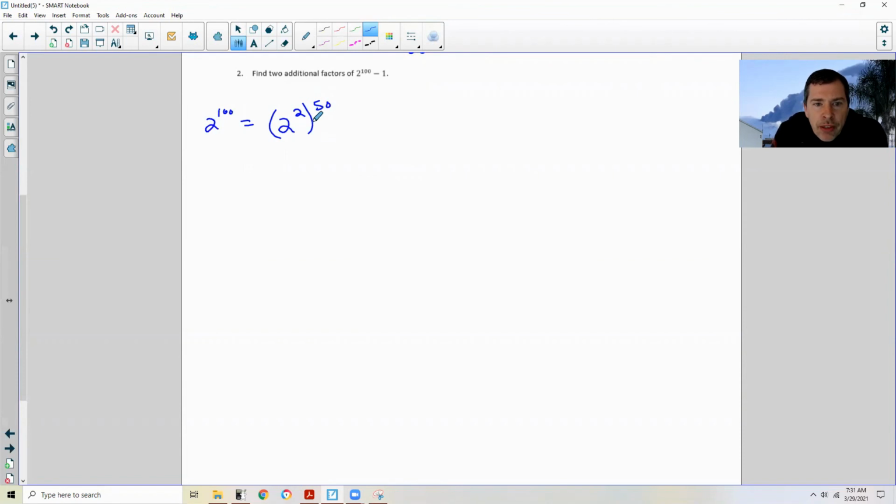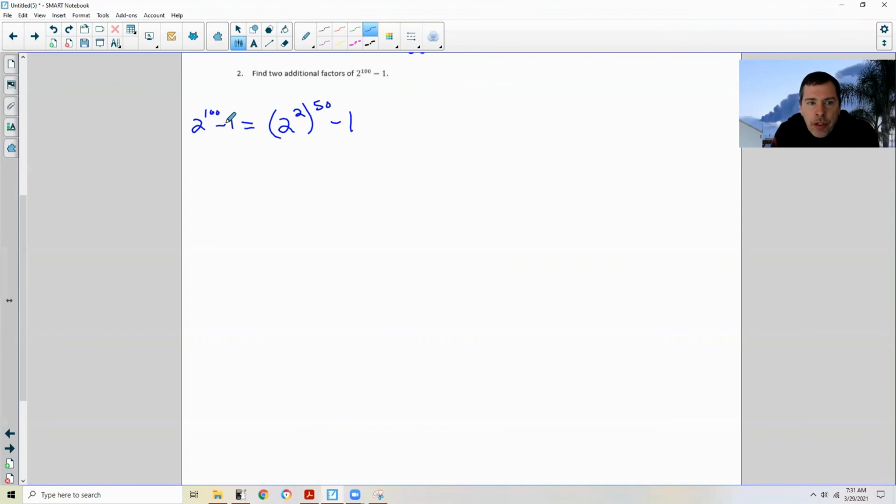So if I do this, 2 squared to the 50th minus 1. So 2 to the 100 minus 1. I need to write that, by the way. Let me just make some room here. I should have a minus 1 equals, because 2 to the 100 is 2 squared to the 50th, and minus 1 just goes along for the ride, and there it is.